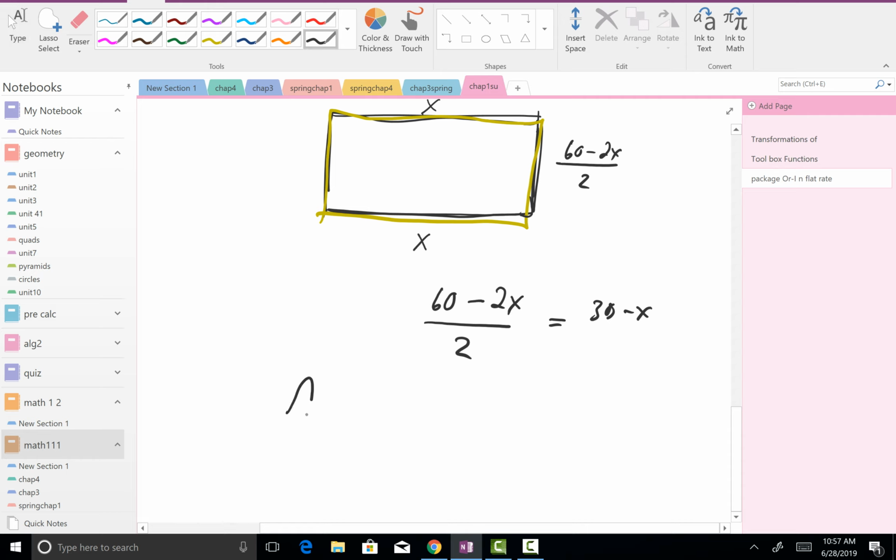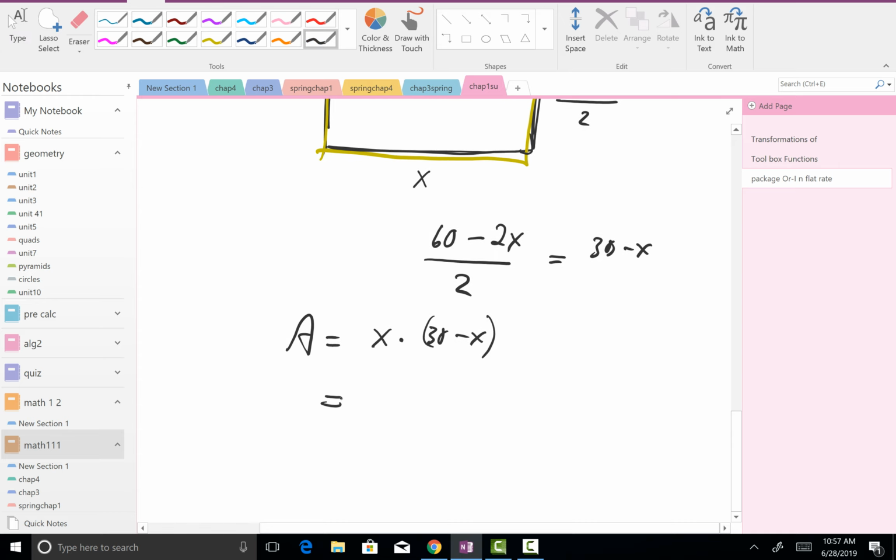Well, we can find the area of this rectangle by simply writing the area formula. So base times height, or length times width. So x times 30 minus x. And for those who just have to have it this way, there we go. So now we want to maximize that area, right?